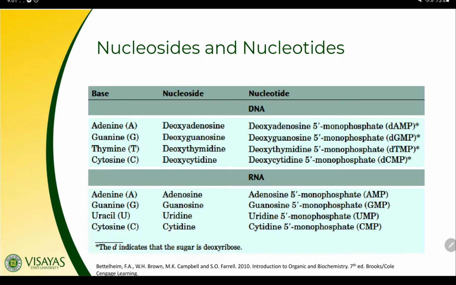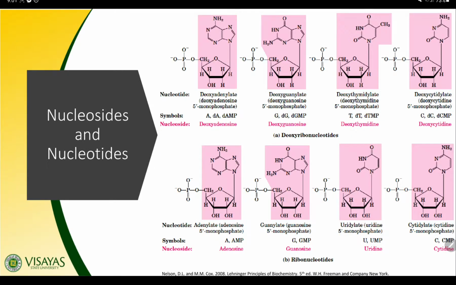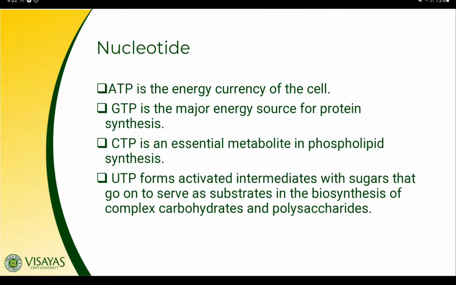Here we have a summary of the different bases in DNA and RNA, and the names of the nucleosides and nucleotides formed. Here we have another summary, with the structures of each of the deoxyribonucleotides and ribonucleotides.